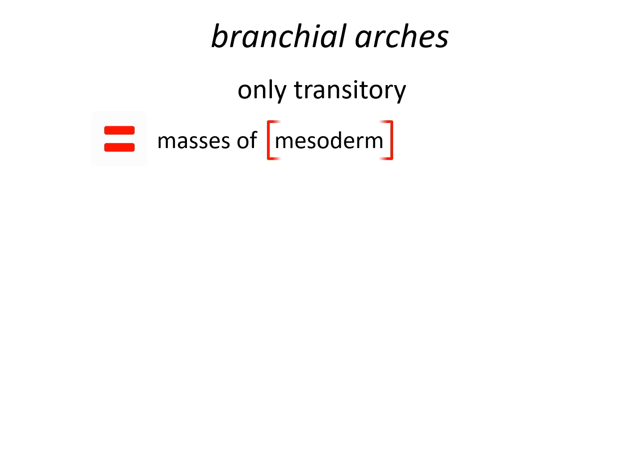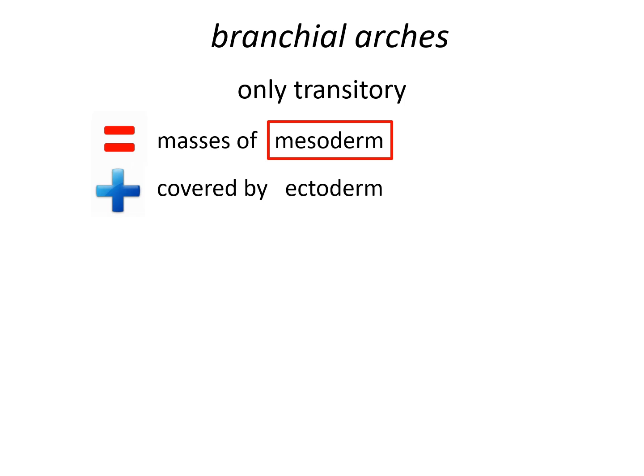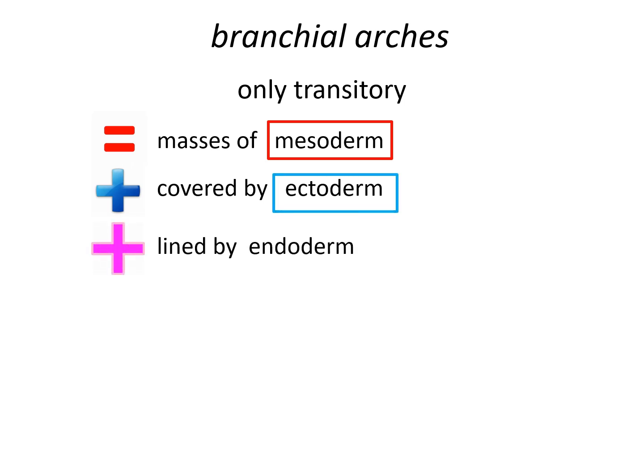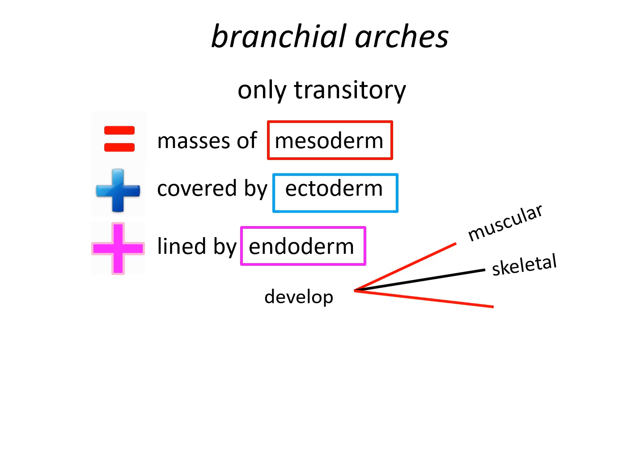An arch is a mass of mesoderm covered by ectoderm on the outside and lined by endoderm on the inside of the pharynx, and they develop muscular tissue, skeletal tissue, aortic arches, and nerve networks.